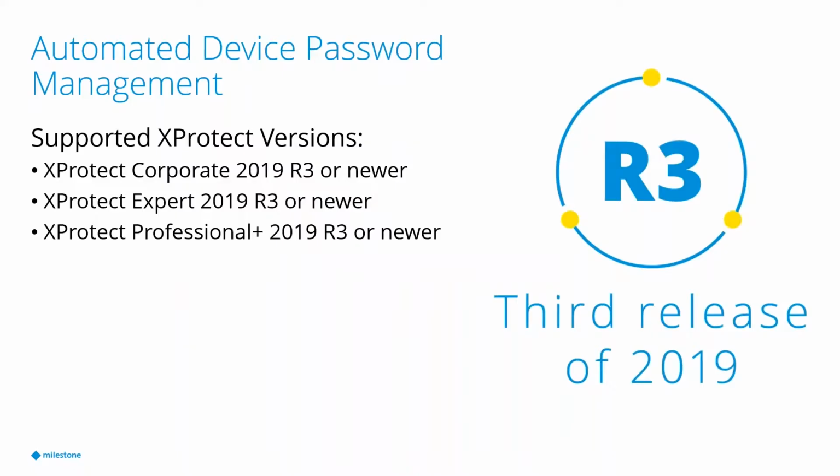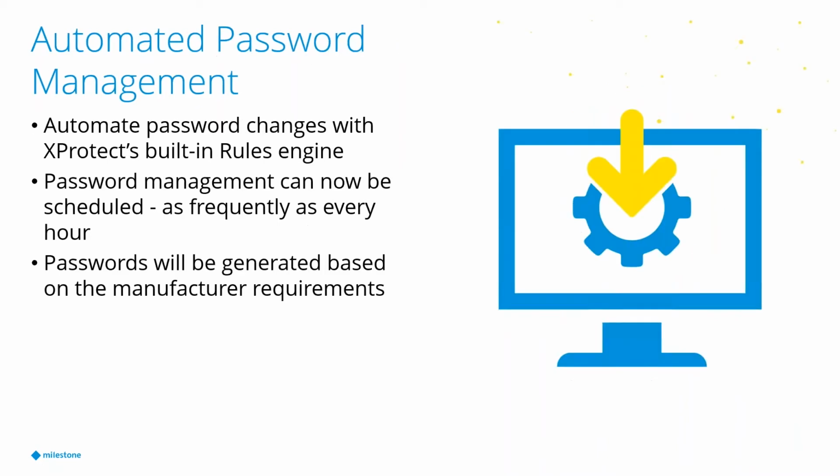As I mentioned before, in 2019 R3, we released the automated device password management. This extends out to XProtect Corporate, Expert, and Professional Plus. So 2019 R3 or 2020 R1 is where you'll find this feature. Automated device password management allows us to generate rules within the system to manage when those passwords are changed.